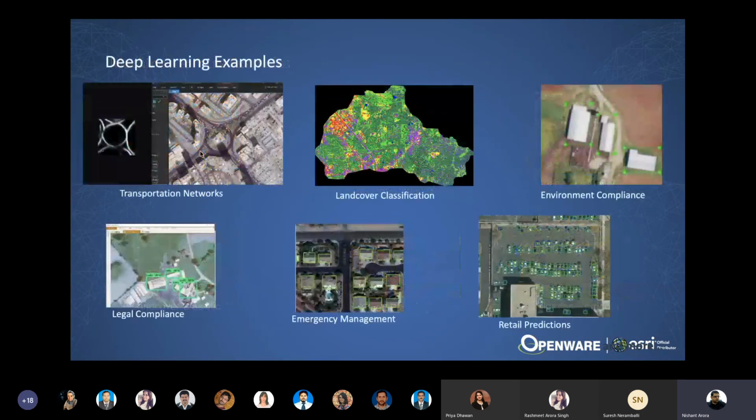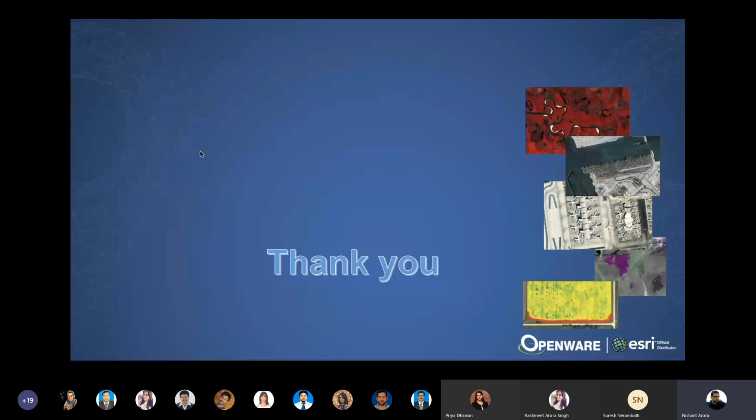There are also examples that I have listed here which are from deep machine learning, which is probably environmental compliance, legal compliance of your residence or your property, emergency management or damage assessment after a catastrophe, retail predictions, transportation networks, and there are endless possibilities of using machine learning or artificial intelligence in GIS.